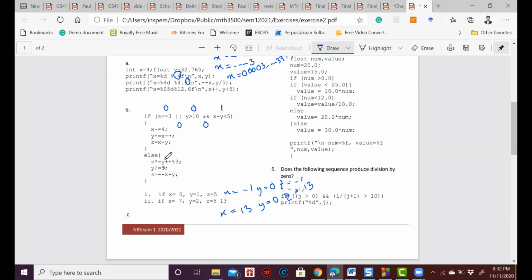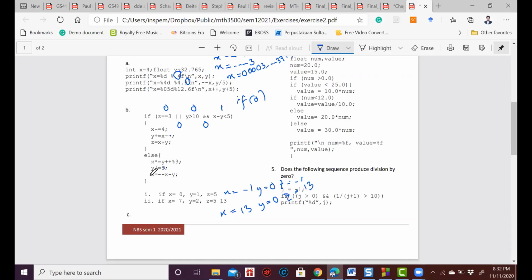Now, if all this one is 0, the answer is 0, right? If 0, what do you mean if 0? If false, then what do we need to do? Go to else.